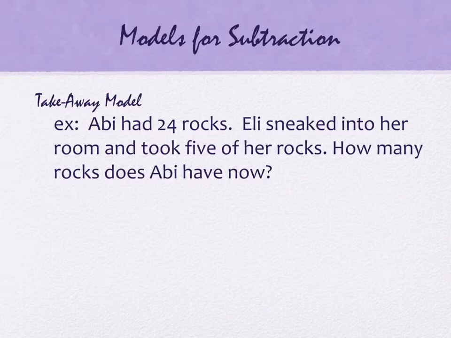Takeaway is the idea that I have something and then something is taken from it. If I were working this particular problem, very concrete model kind of stuff like kindergarten, we would draw a picture and we'd draw 24 rocks. So draw yourself 24 rocks. You can be more creative. Mine are just going to be brown little blobs.